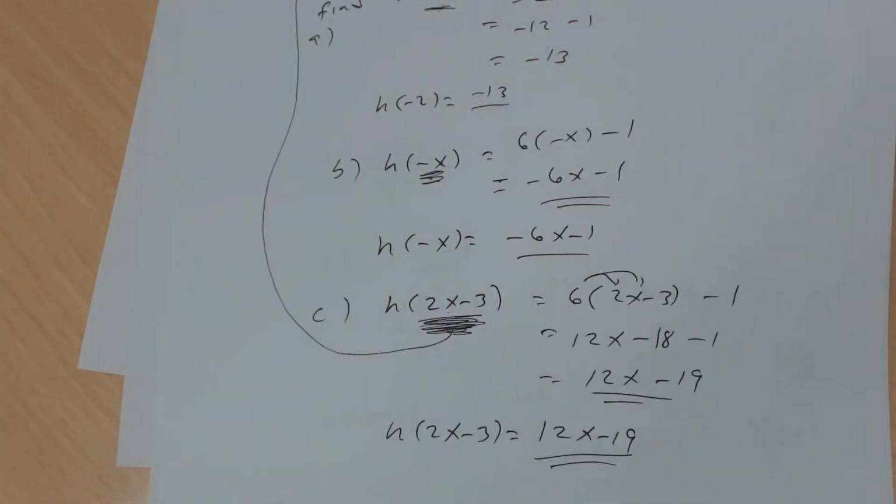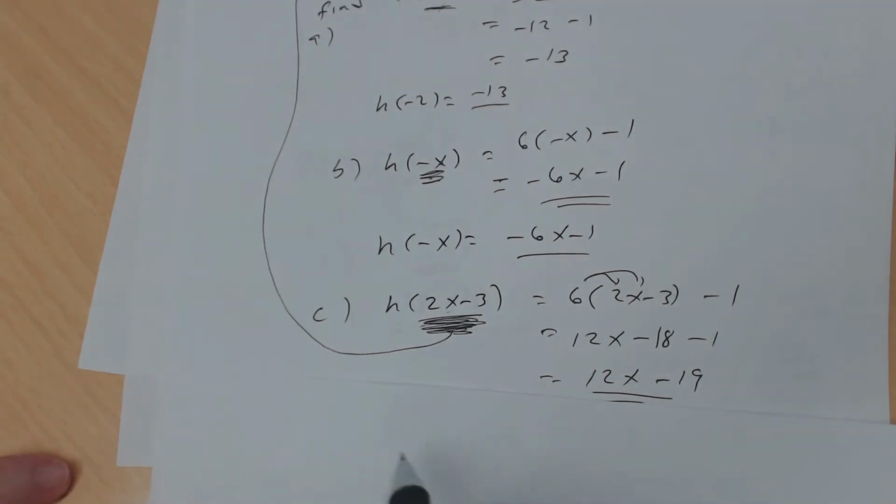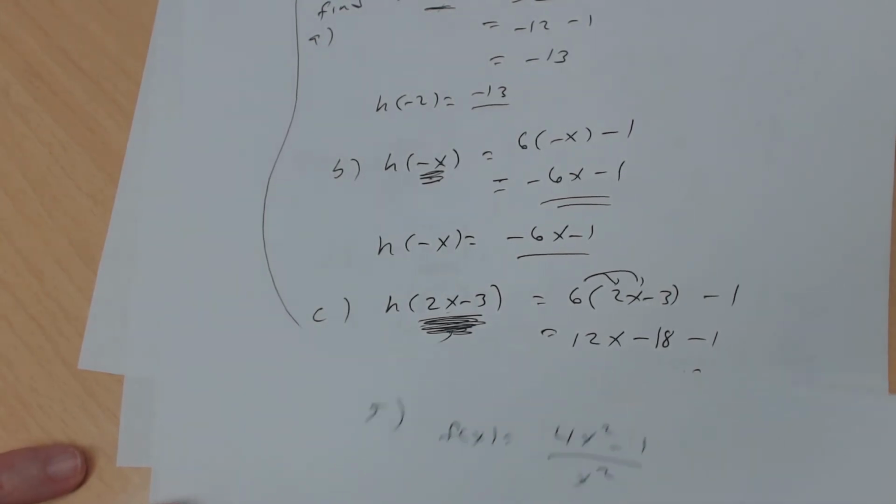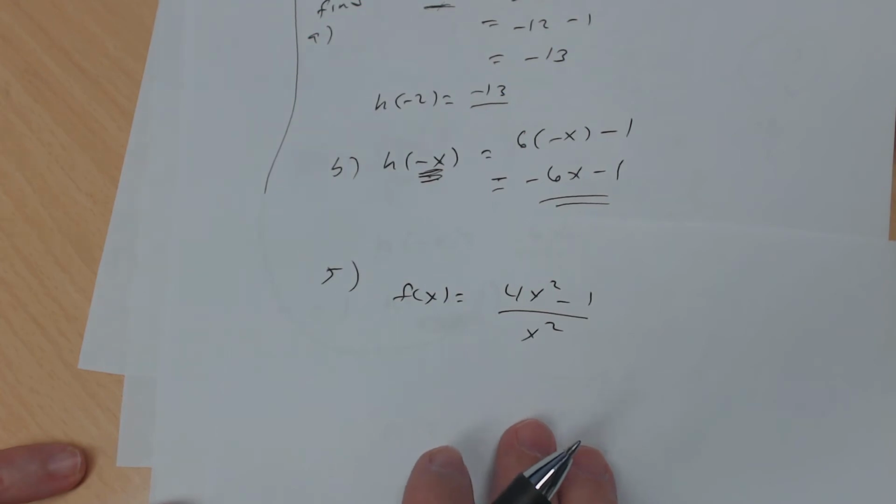Number 5. Suppose you had f of x equals 4x squared minus 1 over x squared.